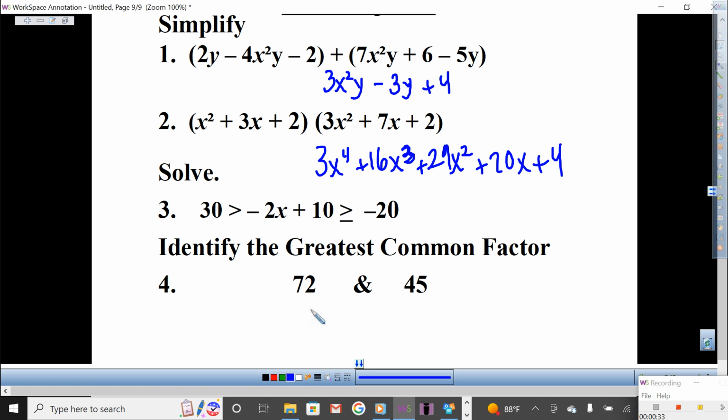Number 3. Can you give us a solution set, please? Dylan, go. Solution set of x such that? Close. What do we need to fix there?